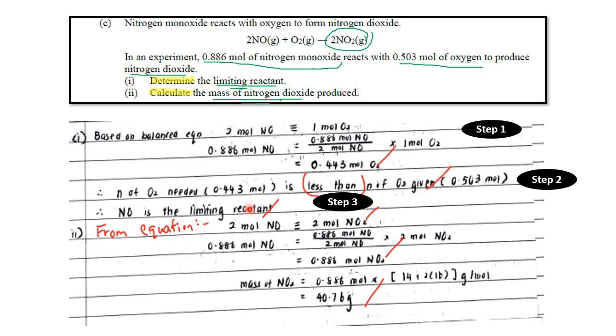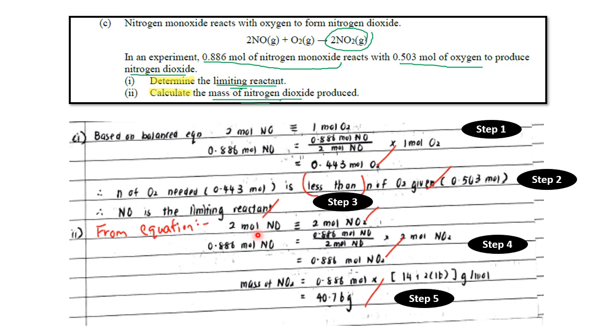Again, based on the question, given is 0.503 mole of oxygen. By using 0.886 mole of nitrogen monoxide, what you need is just 0.443 mole of oxygen. Needed is less than given, so oxygen is the excess reactant and nitrogen monoxide is the limiting reactant.